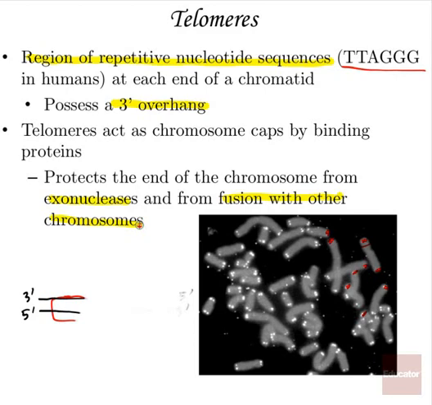When we're talking about fusion with other chromosomes, we can have chromosomes breaking or just binding together via their end regions, their telomeres, and that will make it so that certain cells do not even have, for example, a chromosome number 20. The other chromosome 20 that should have been in that cell is in another cell, so that cell has two chromosome 20s. A lot of this can cause cancer.